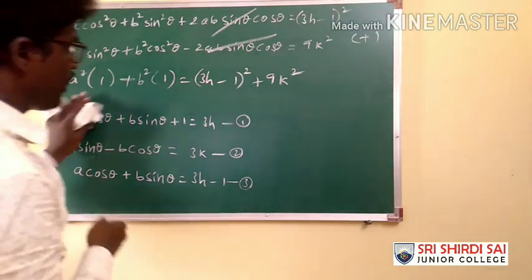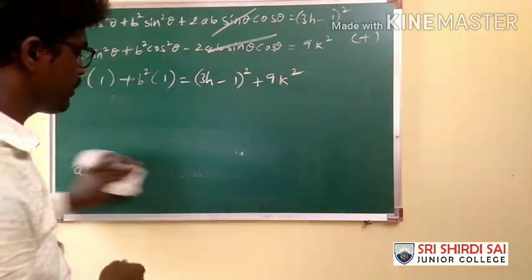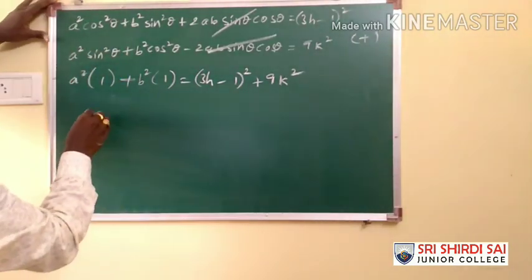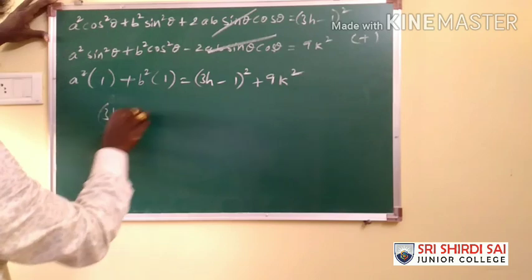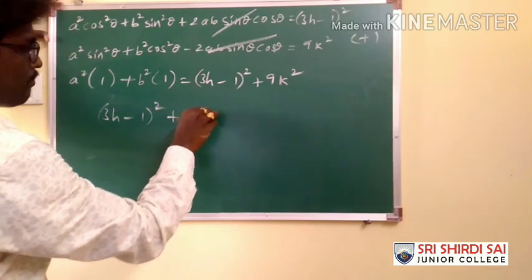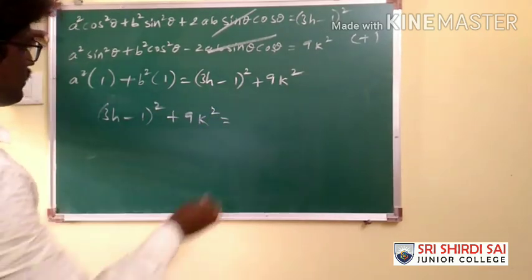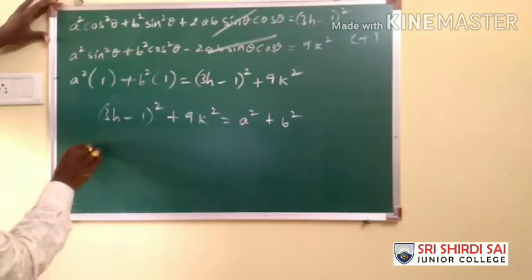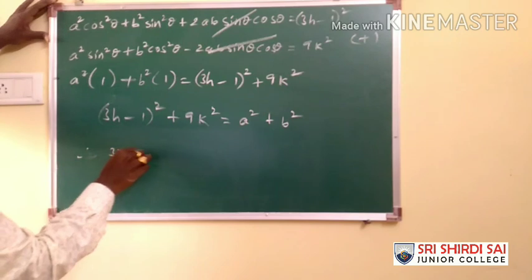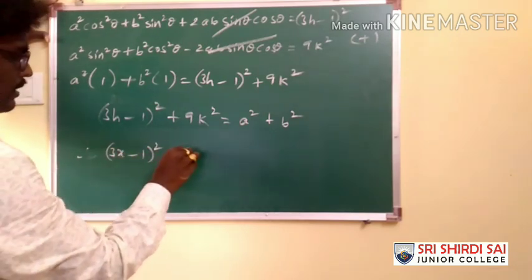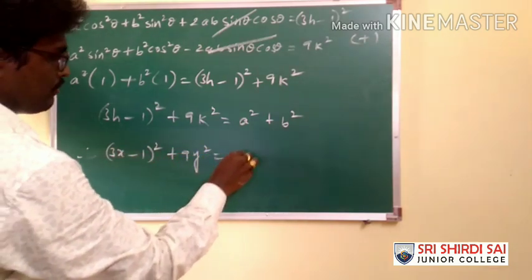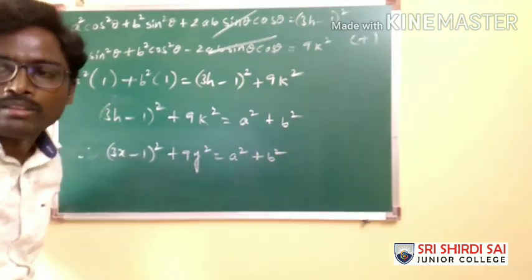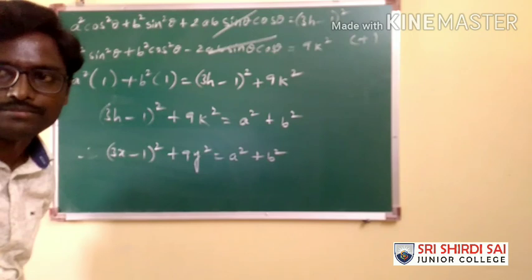See, are you finding theta in the final equation? No. Therefore, the final equation of the locus is (3h minus 1) whole square plus 9k square is equal to A square plus B square. Therefore, the locus equation is (3x minus 1) whole square plus 9y square is equal to A square plus B square. Here we have this as the first option.